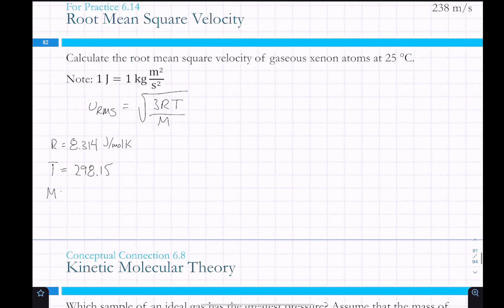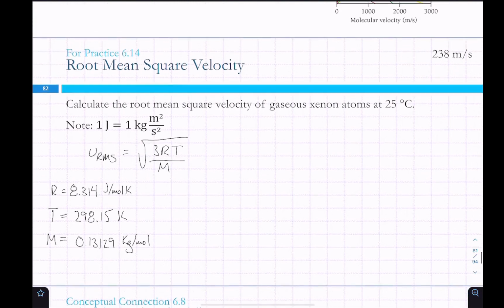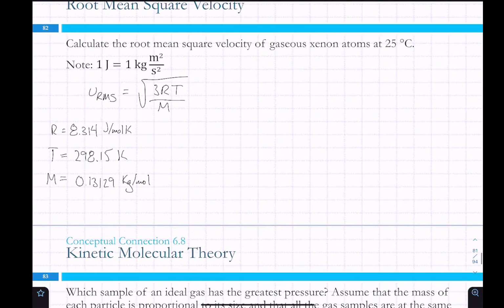And then the molar mass of xenon in kilograms per mole is going to be 0.13129. That's kilograms per mole. This is another place where unit analysis works, and you don't even need the equation necessarily.